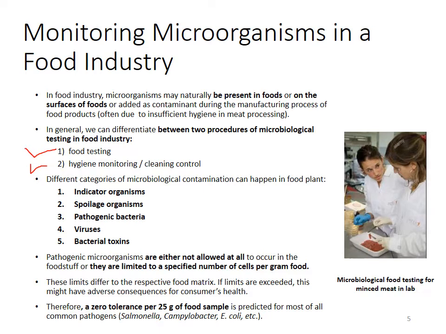Usually we have zero tolerance per 25 gram of food sample for pathogens as our limit. Maknanya, selalunya limit yang diberikan kepada patogen ialah zero, absence in 25 gram of food sample. Tak boleh ada pathogen dalam 25 gram of food sample.